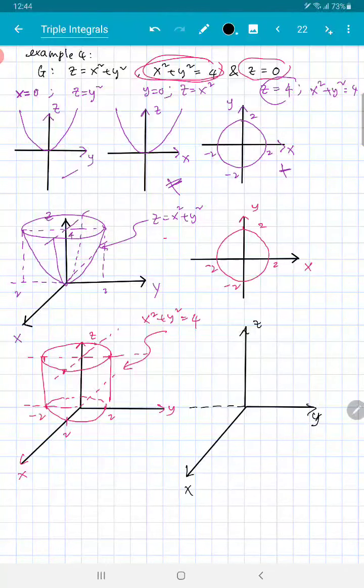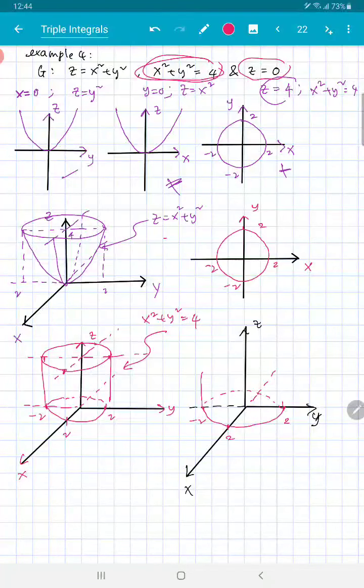First we have a cylinder. The radius of the cylinder is 2, so here we have a cylinder with radius 2, at 2 and negative 2. Then we have z equals 0, so we don't draw the cylinder below the xy plane, and then it goes up.